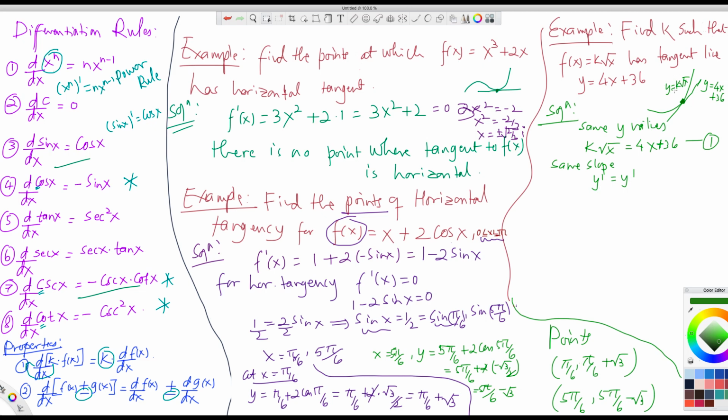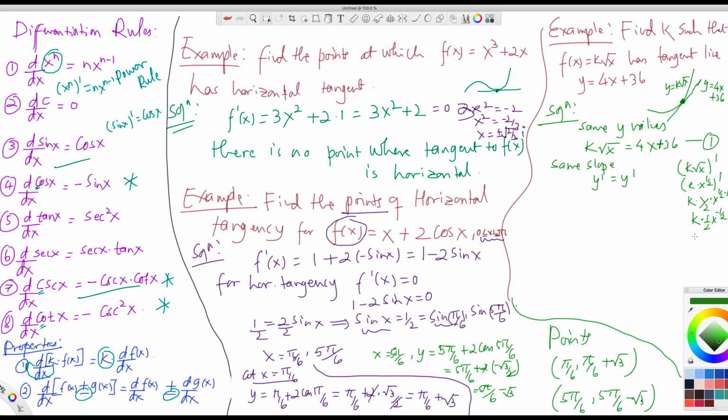What is the derivative of k root x? That is k times x to the 1/2, prime. You can pull k out. The derivative of x to the 1/2 is 1/2 times x to the 1/2 minus 1, so that will be k times 1/2 x to the negative 1/2, because 1/2 minus 1 is negative 1/2.